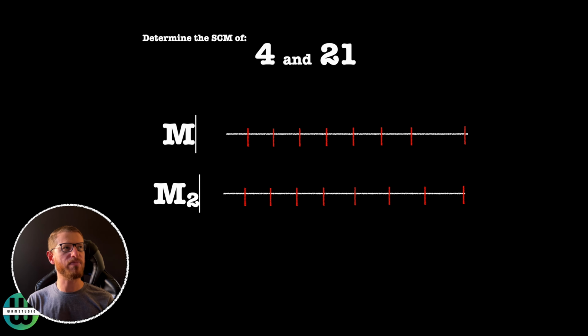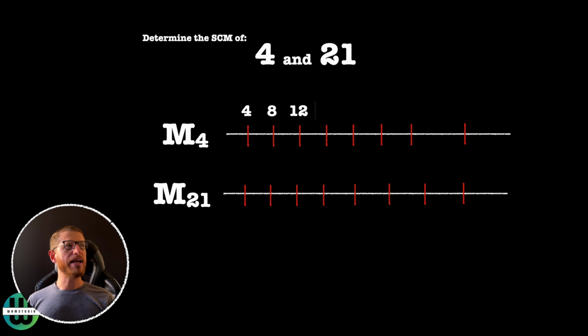Let's determine the LCM of 4 and 21. Again, I'm going to work with my number line, and I'm going to write out my multiples of 4 and multiples of 21. Now, in some cases, we are going to be required to write out a lot of multiples in order to get to the common multiple.